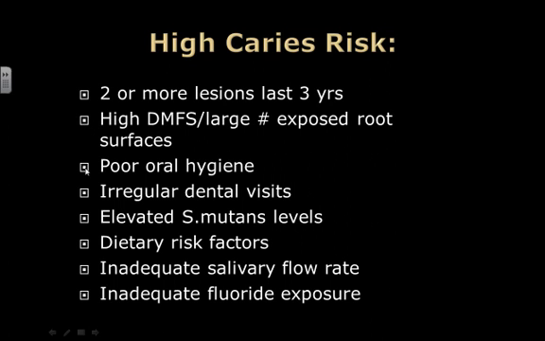Poor oral hygiene contributes to high caries risk, as do irregular dental visits, not coming in on a routine basis and only seeking perhaps care for emergencies. If we do an assessment of the patient's microbiologic presence of Streptococcus mutans, we can look if they're elevated, the numbers of colony-forming units are high, the patient will be at risk.